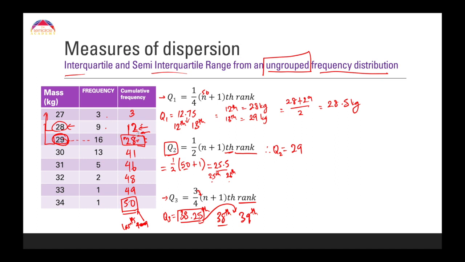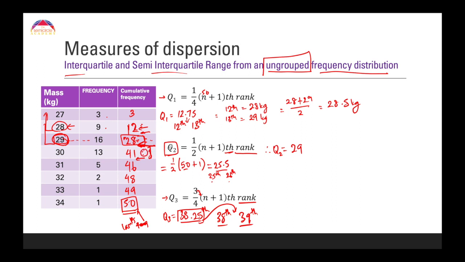If we look for the 38th lamb, well, he's going to have to exist somewhere inside of this group, because this last group here ends at 28, so he wouldn't be in there. And this group here ends at 41, so he'll have to be somewhere in here. If we look at where the 39th guy is, the 39th guy will have to be inside of the same group.